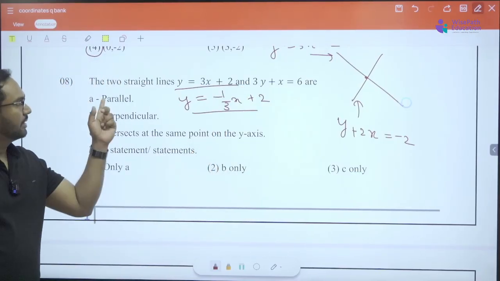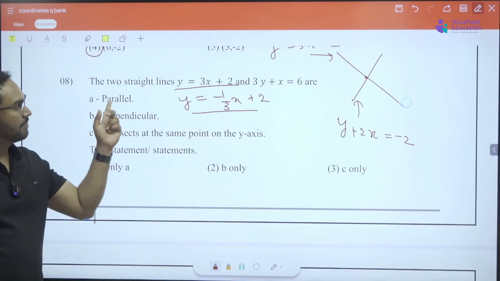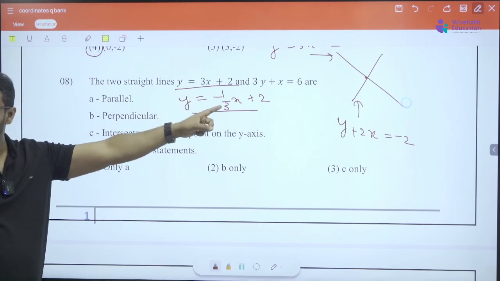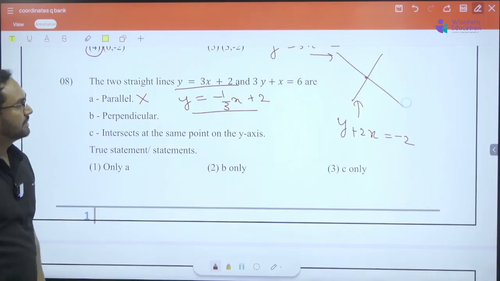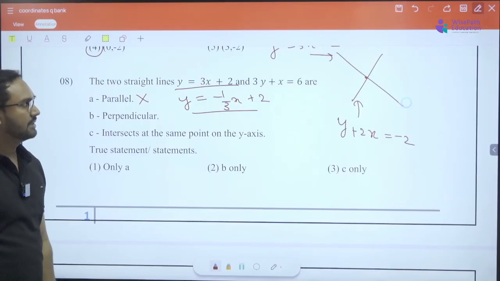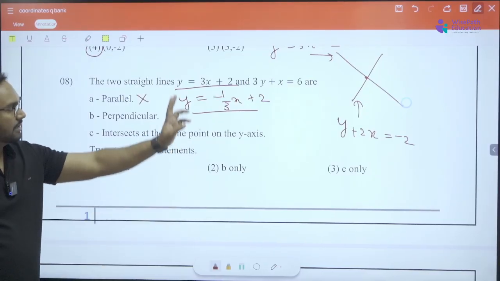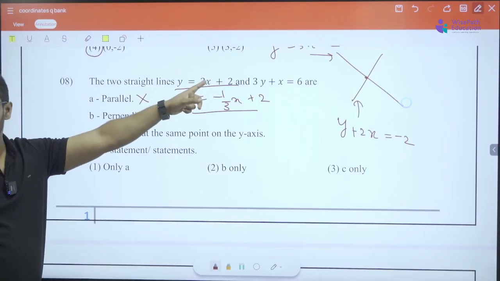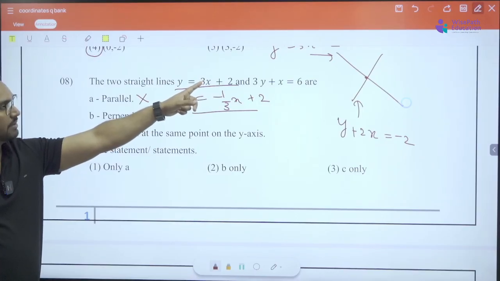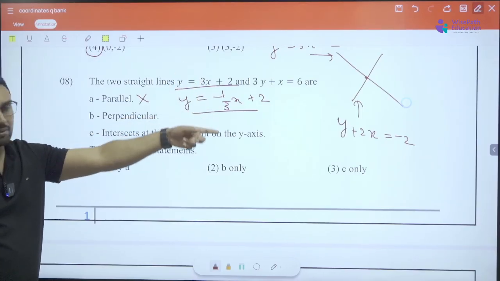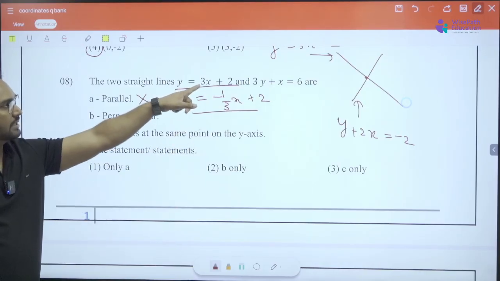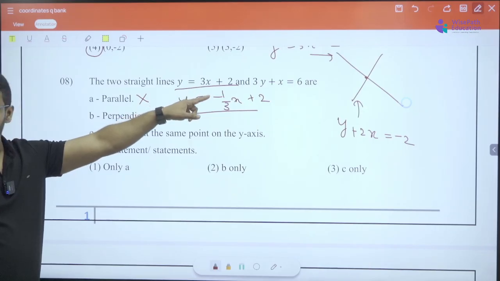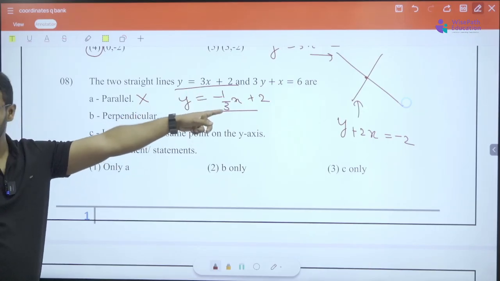So now, are they parallel? If they are parallel, the gradient should be equal. They are not parallel, so this is wrong. For perpendicular, the gradient of one equation should equal the minus reciprocal of the other. The gradient of this is 3 and the minus reciprocal should be minus 1 over 3, and it is minus 1 over 3.